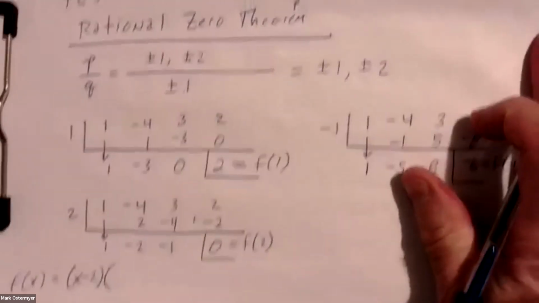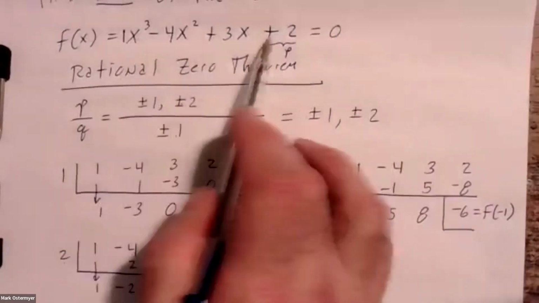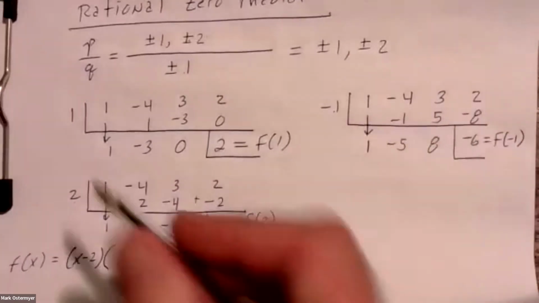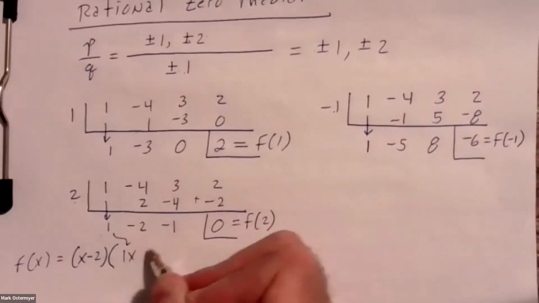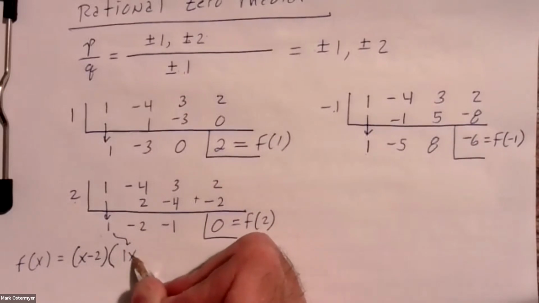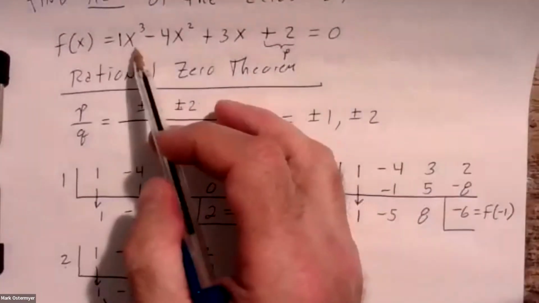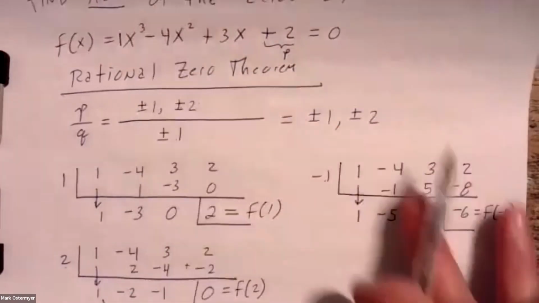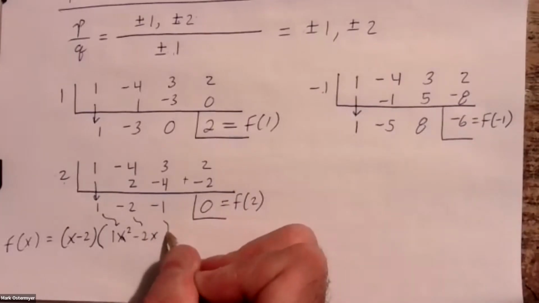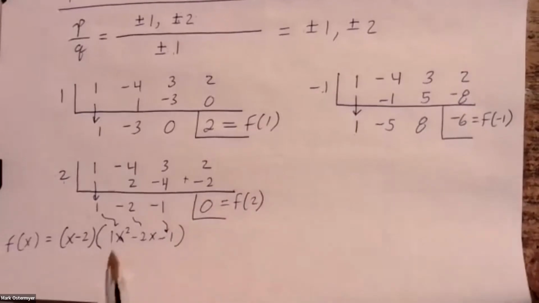When I factor x minus 2 out of this third degree polynomial, what do I leave behind? I divided out x to the 1st power out of x cubed. What does that leave the power of my quotient to be? To the 2nd. Yeah, so it'll be 1x squared minus 2x minus 1. That's what we leave behind.